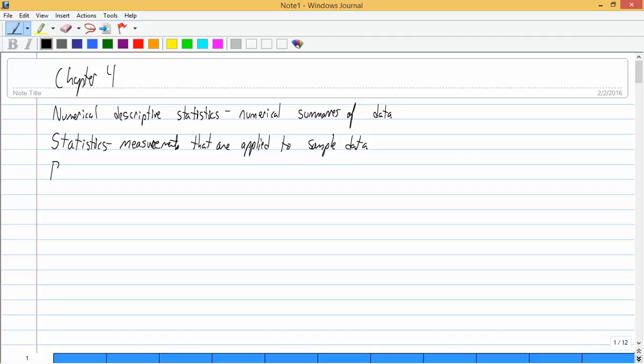We also went over a parameter, and parameters are measurements that apply to population data.